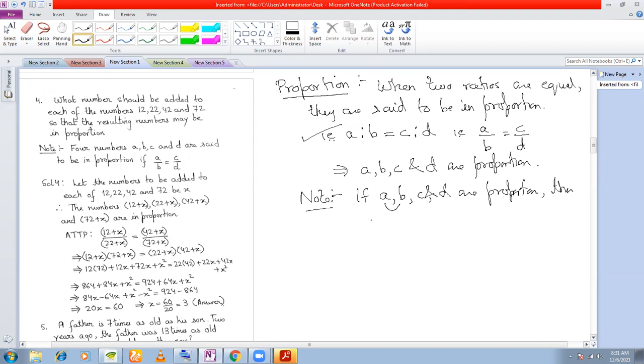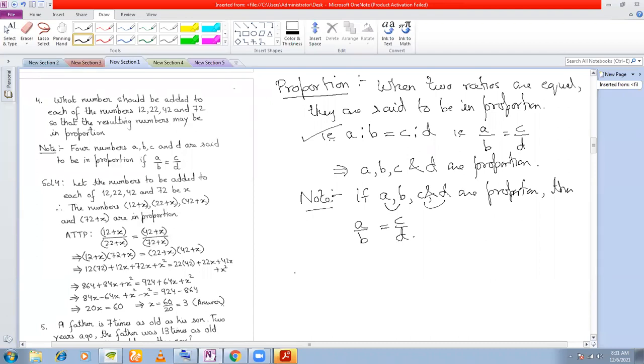Then you can write A by B must be equal to C by D. Okay, clear with the definition? Yes, sir.